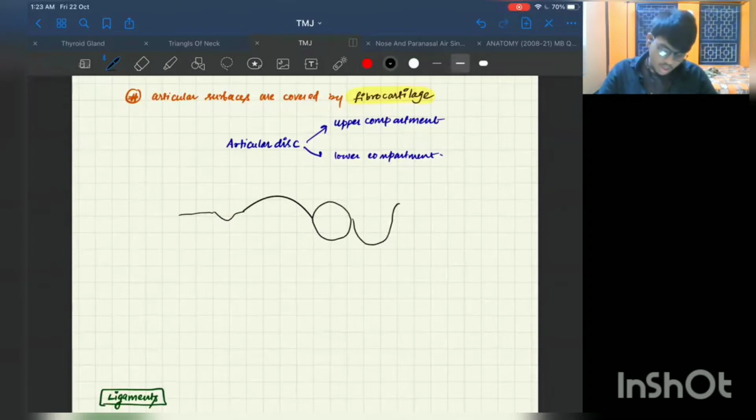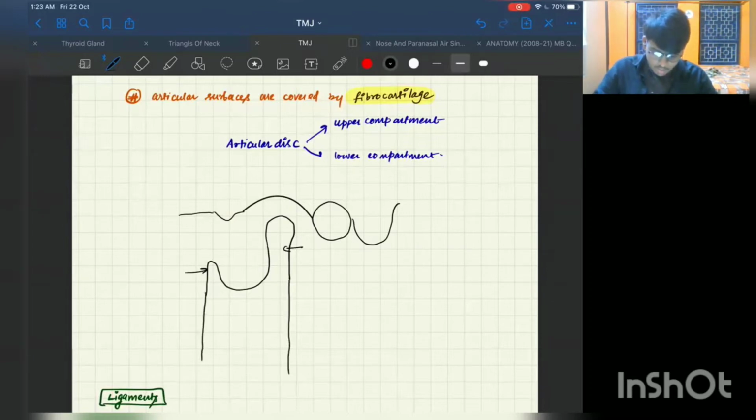And here comes the head of the condylar process of mandible, and here is my coronoid process, and this is my ramus of mandible, and here will be the body of the mandible. So this is a very easy diagram of the temporomandibular joint.